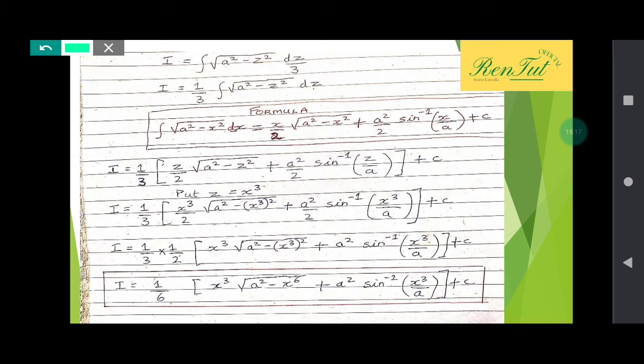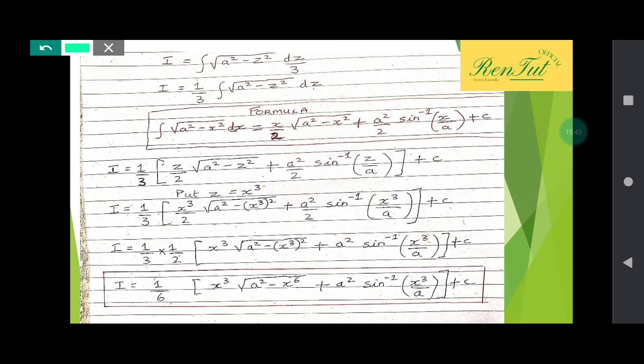So I'll just read it out. I is equal to 1 by 3 times x cube divided by 2 under root of a square minus x cube square, plus a square divided by 2 sine inverse of x cube divided by a, plus c.